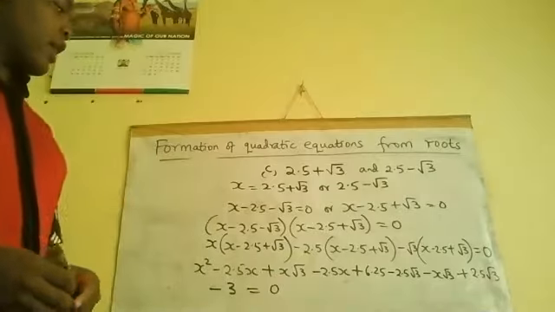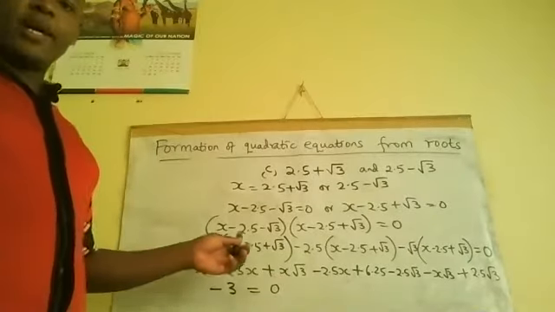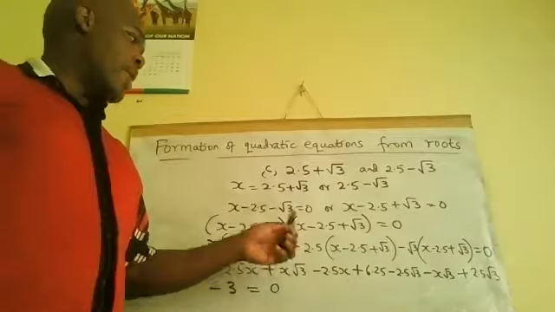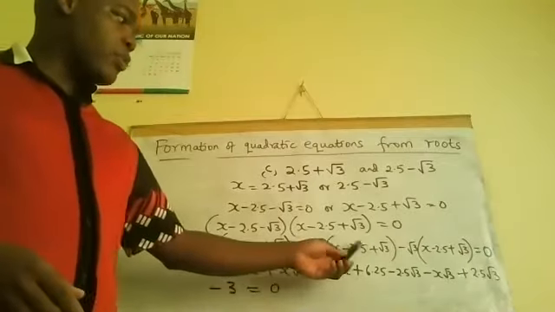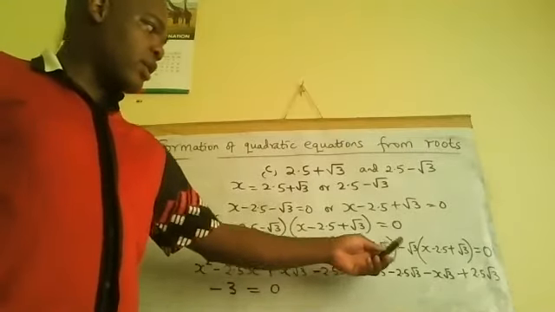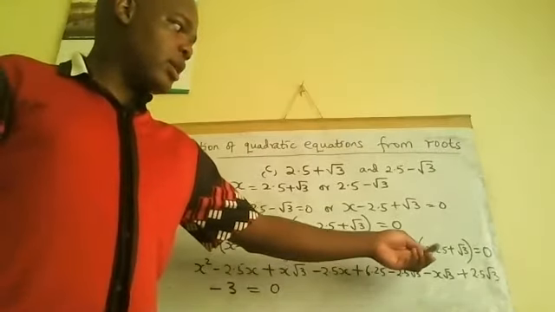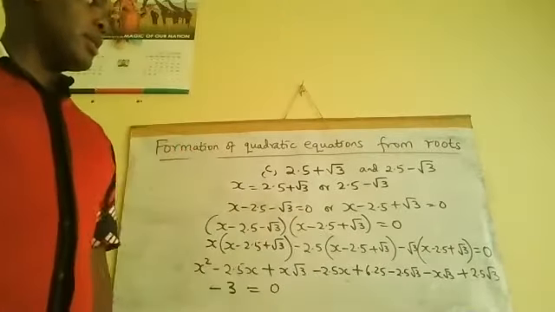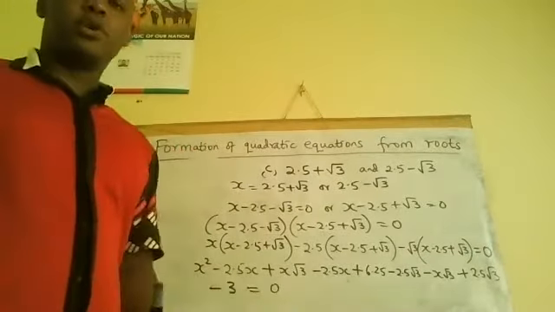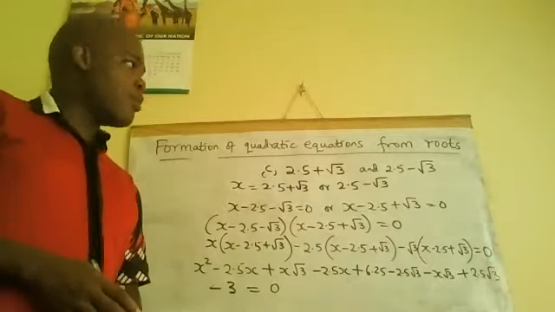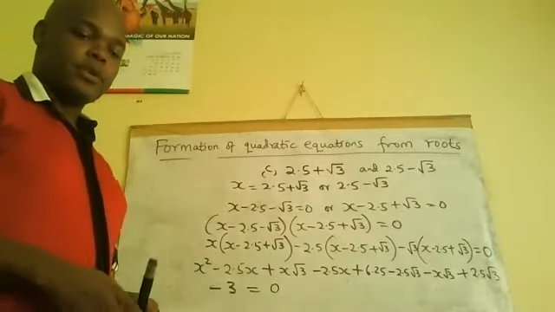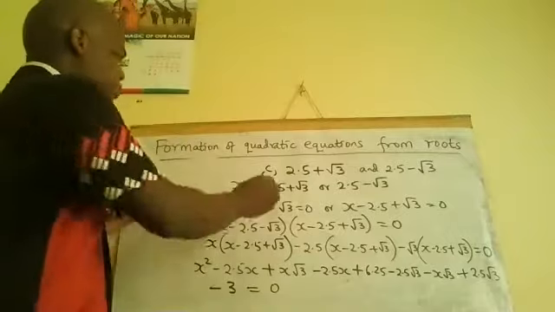So you have to be very keen there. So this is x squared minus 2.5x plus x square root of 3 minus 2.5x plus 6.25 minus 2.5 root 3 minus x root 3 plus 2.5 root 3 minus 3 is equal to 0. So check the way you remove the brackets.